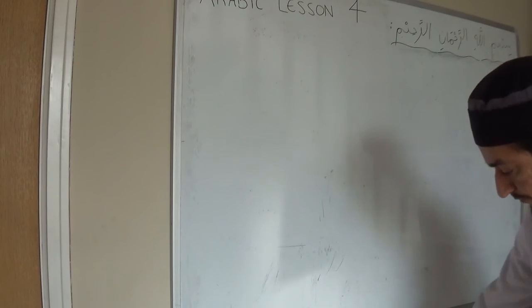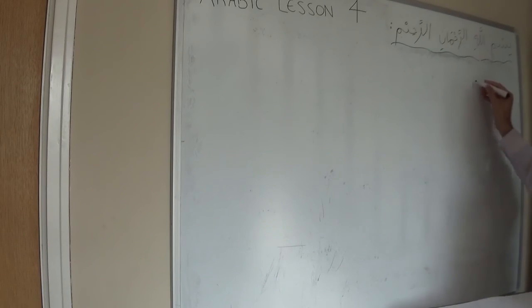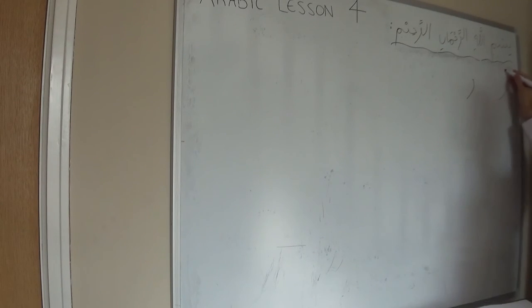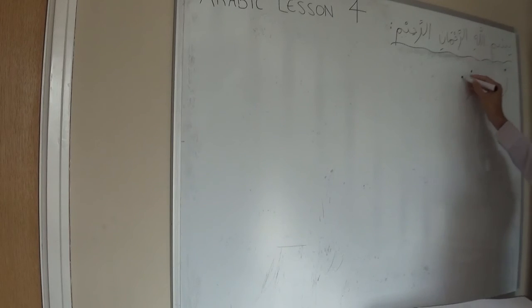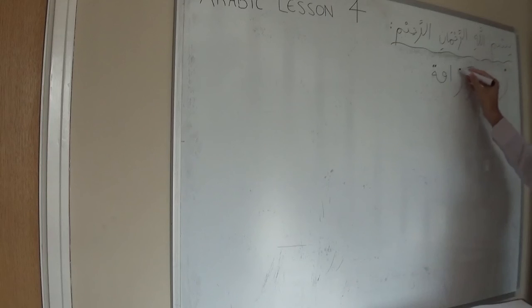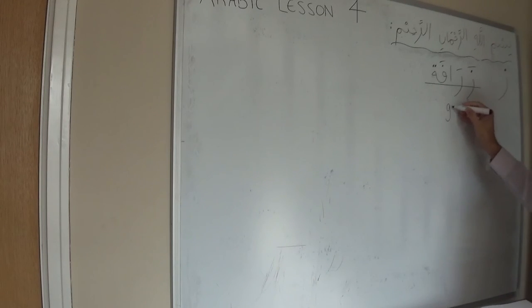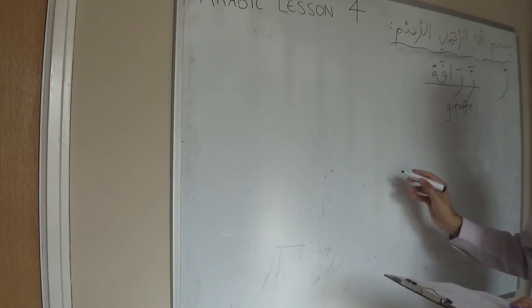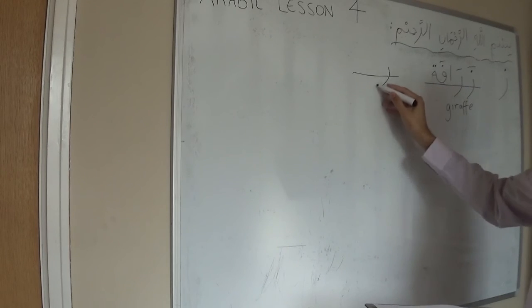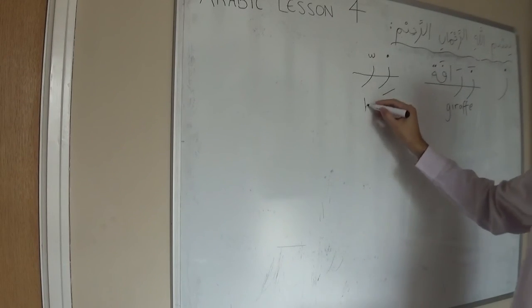For that we have at the beginning for za, zarafa, and here ra and za are above the line. Giraffe sounds similar, doesn't it? Giraffe, zarafa. We have a really simple one, za and ra, zir, button.